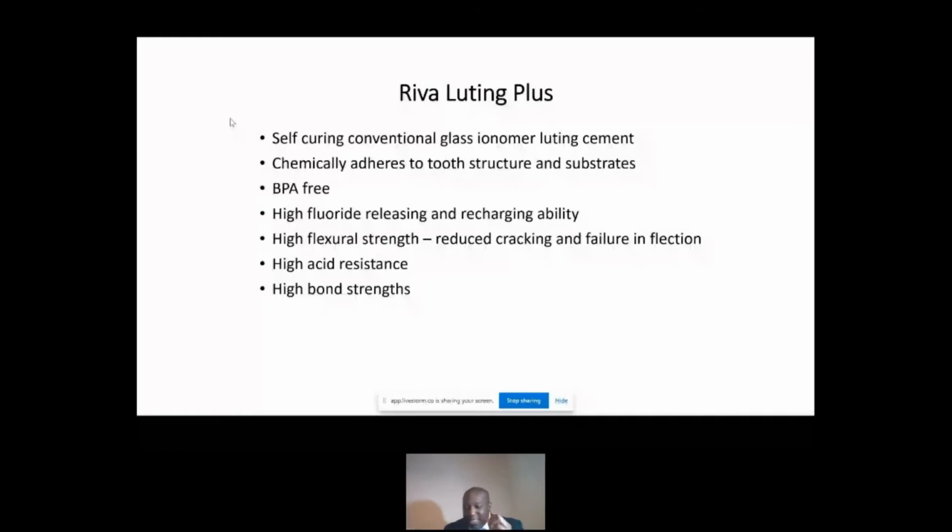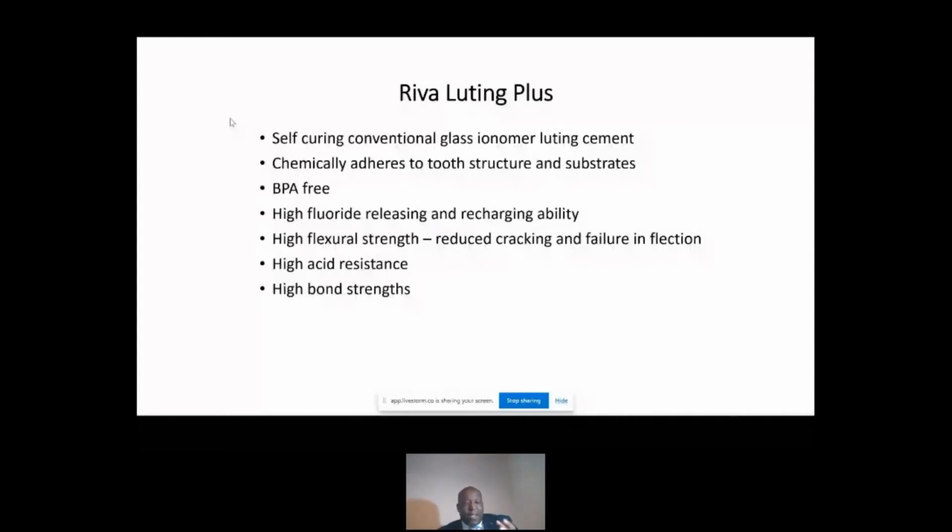It's got a high acid resistance because we know that the mouth is a very difficult environment, as we said before, that out of dental materials, luting cements have the most demanding job because with the acid, it could break down the cement, and if that happens, you get a gap and therefore microleakage, which is a problem.